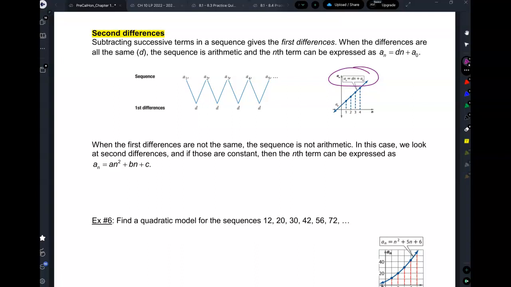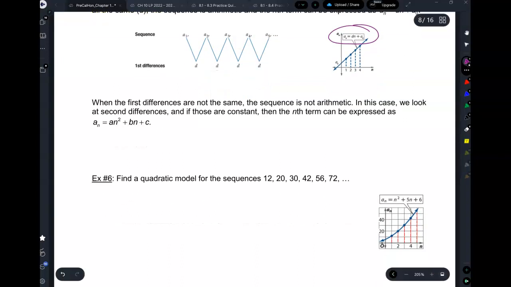Now, what if the first differences are not the same? Then the sequence is not an arithmetic sequence. So then you have to look at the second differences, and if you look at the second differences, then you get a quadratic equation.